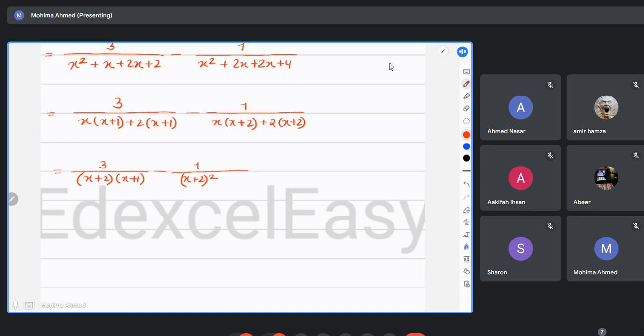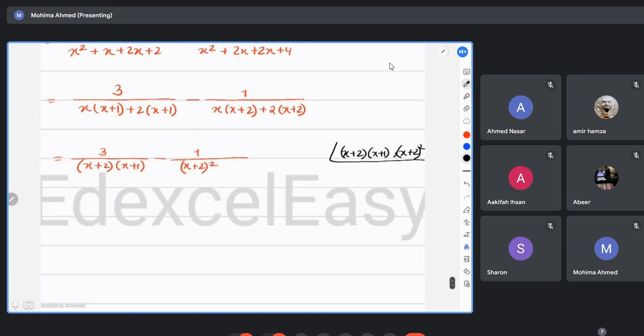Now, in order to do LCM, let's do the LCM over here. I have x plus 2, x plus 1, and then the other term was x plus 2 whole square after the LCM. From this part, I can understand I can take 1 x plus 2 as a common factor, right? So x plus 2. That will make what? x plus 1 from this portion, and then again a 1 x plus 2 from the second part.